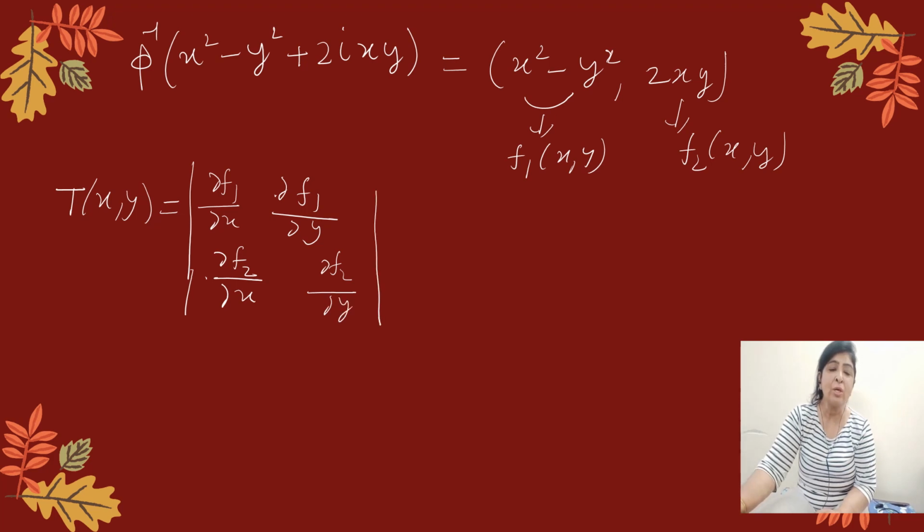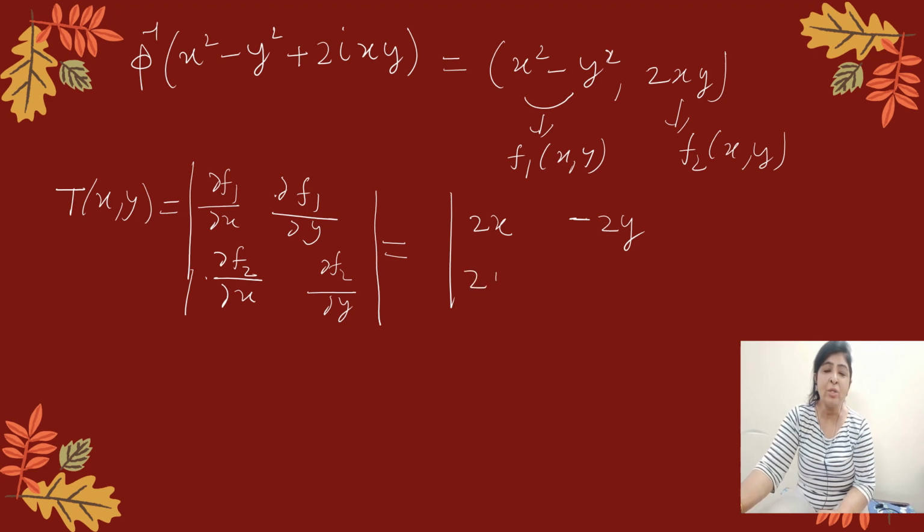So we will just find their derivatives. Del f1 by del x is 2x, del f1 by del y is minus 2y, del f2 by del x is 2y, and del f2 by del y is 2x.